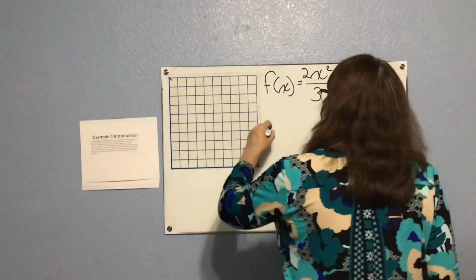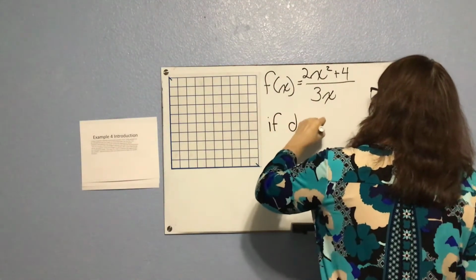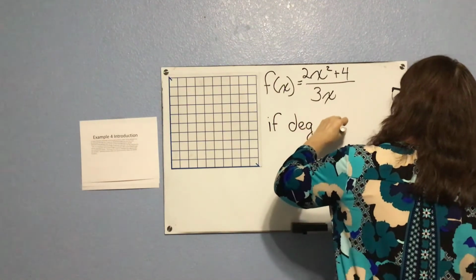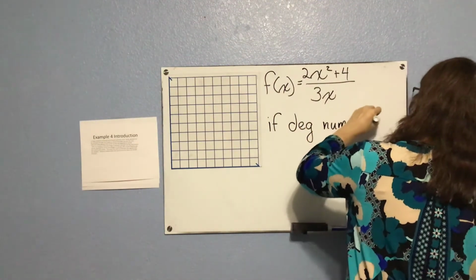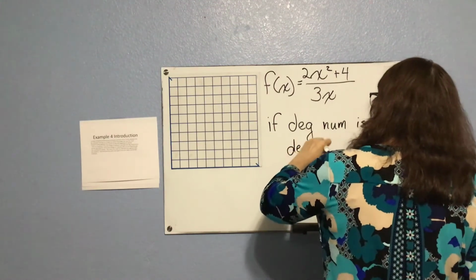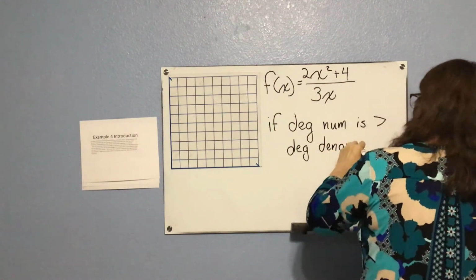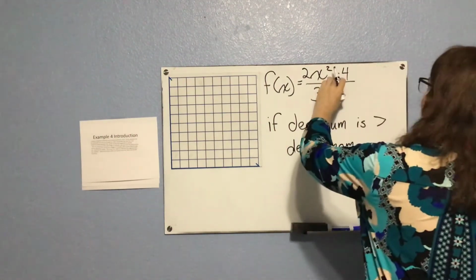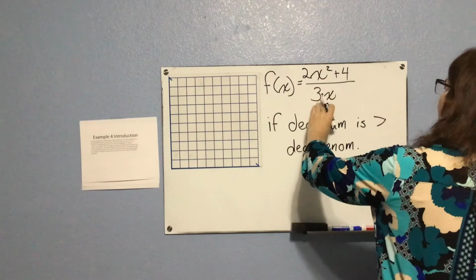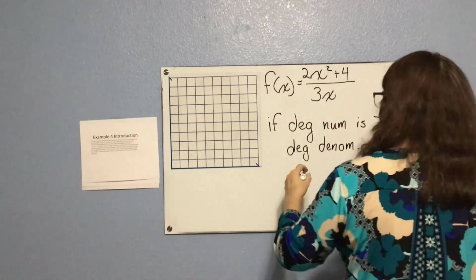So we say if the degree of the numerator is greater than the degree of the denominator, that just means this number is going to get very large, and I'm dividing it by a smaller number, so it'll get a little bit smaller, but not significantly.